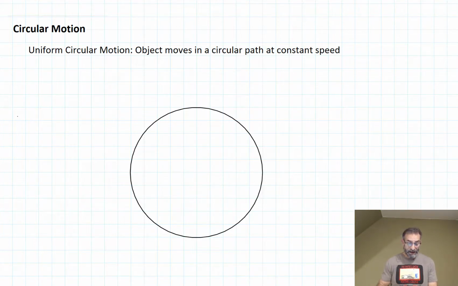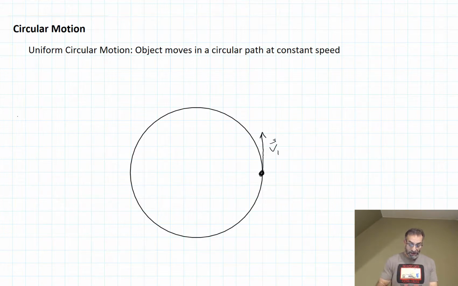Here's a circular path, and if my object is over here at some instant in time, it's going to have some velocity. If it's moving around the circle counterclockwise, then at that instant it's going to have a velocity that points in this direction. Let's call that v1.